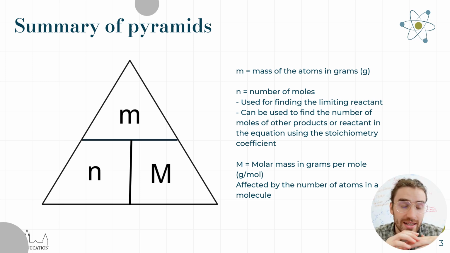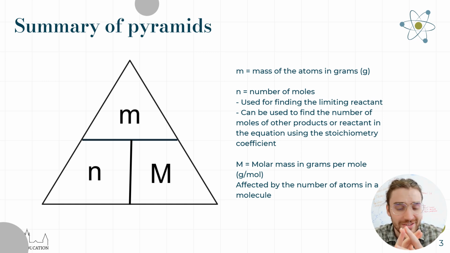We'll do some examples of these. When it comes to our number of moles, we're going to use the number of moles to find the limiting reactants. When we find limiting reactants, we calculate the number of moles and then see which one is the lowest. It can also be used to find the number of moles of other atoms because it's all going to be a ratio.